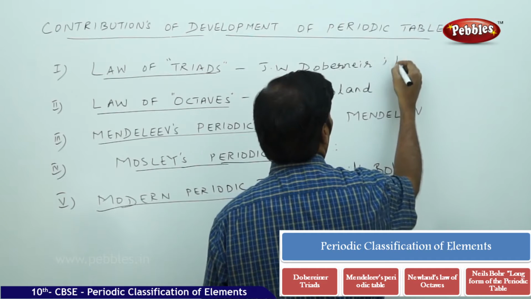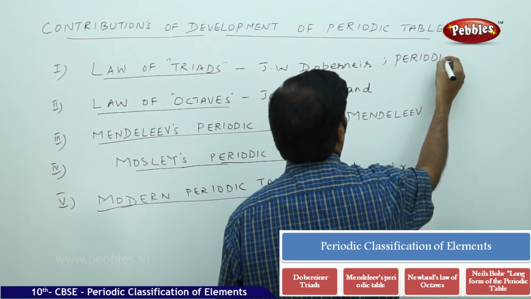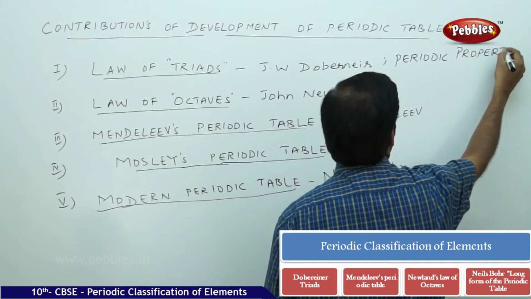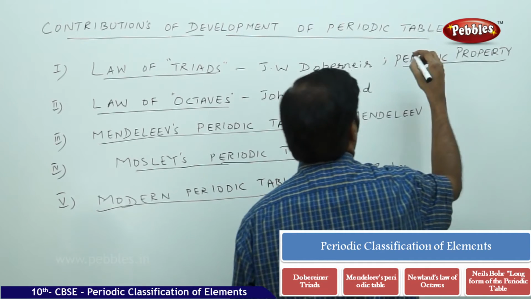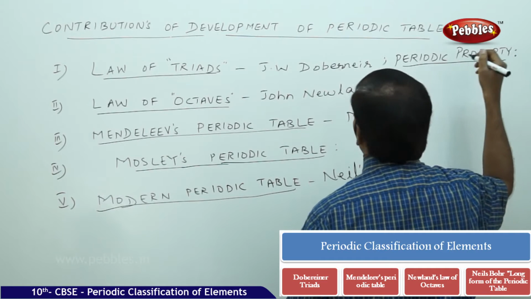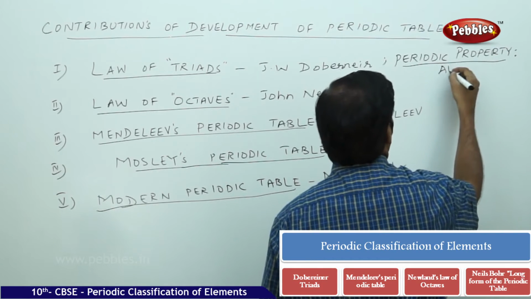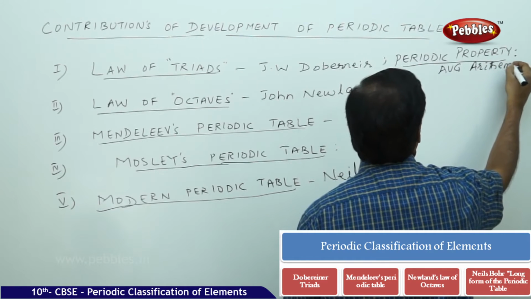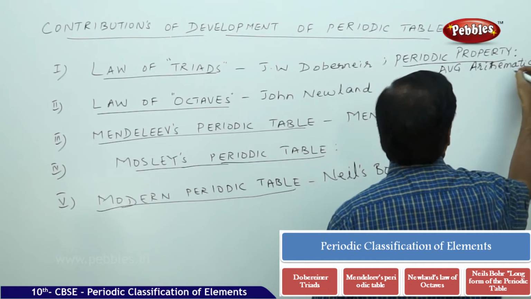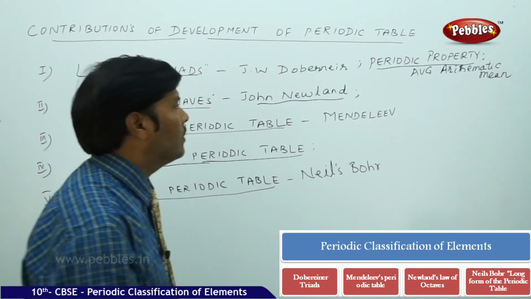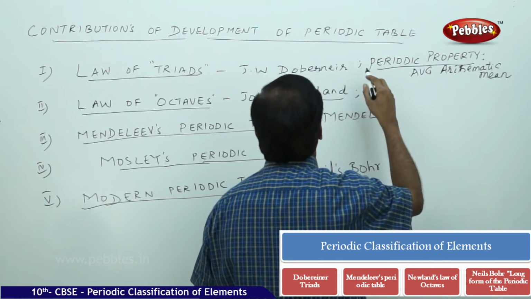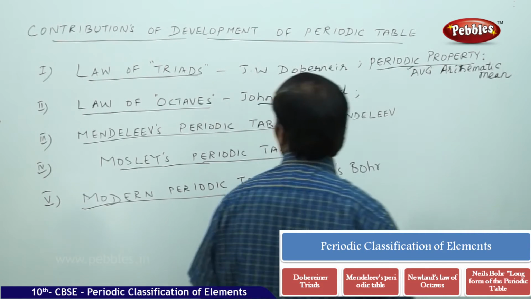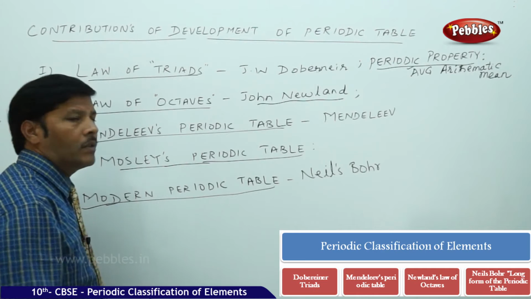Here the periodic property is the average arithmetic mean. Here the periodic property in J.W. Dobereiner's law of triads is the average arithmetic mean, and we go for law of octaves.